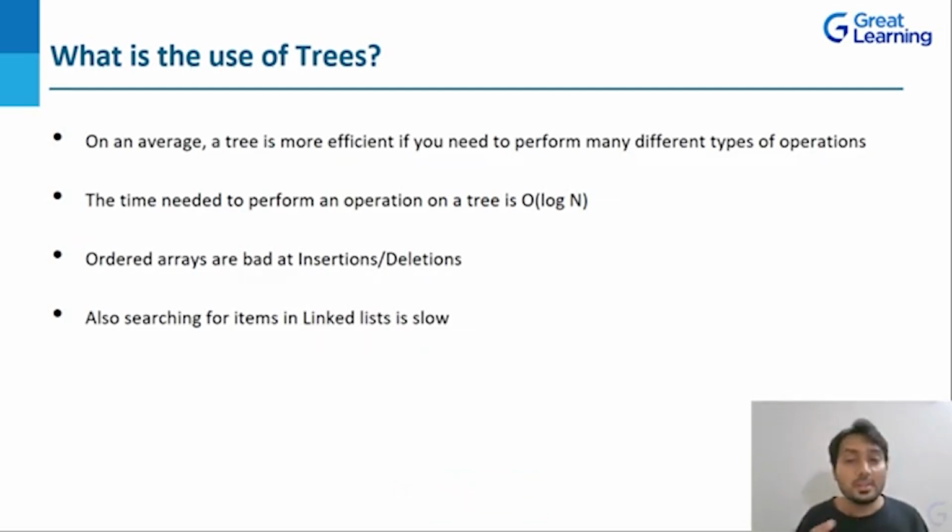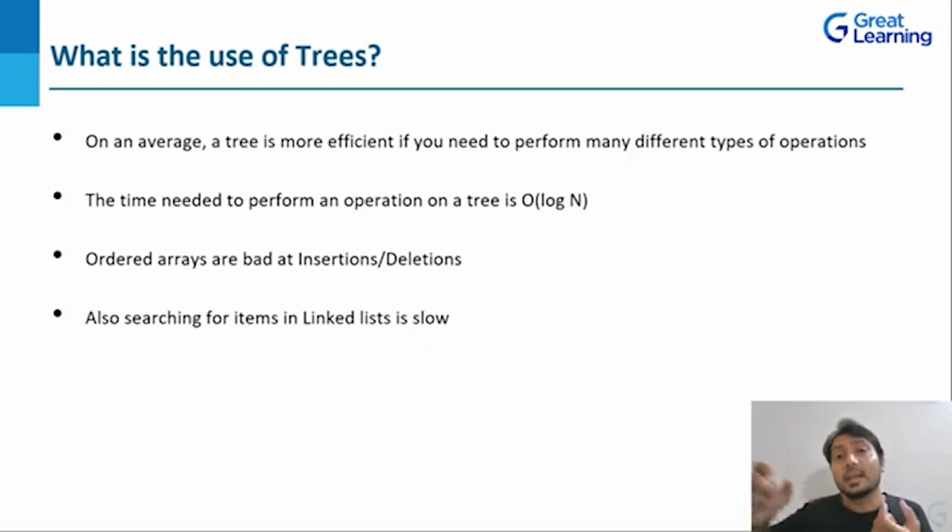Now, when you consider an array or an ordered array, those are considered very bad when you want to perform operations such as insertions or deletions. Why? Because the data is stored in a sequential format. So from the beginning till the end, you have to traverse or search for a particular value to be deleted.